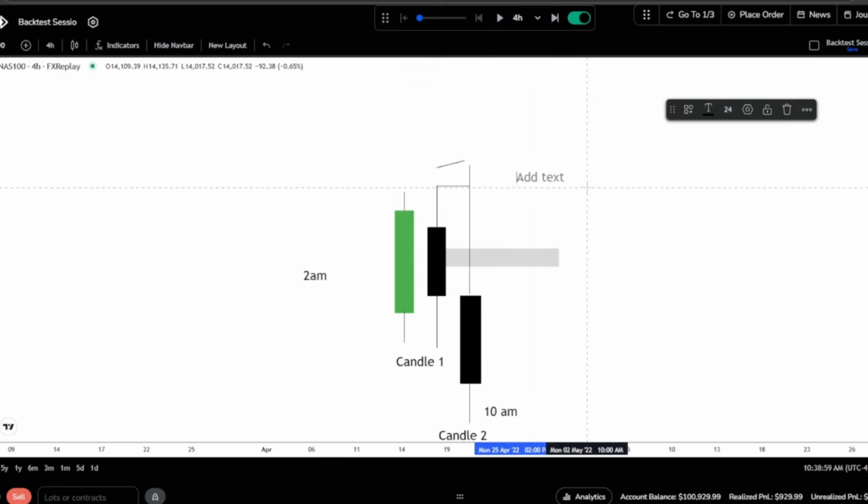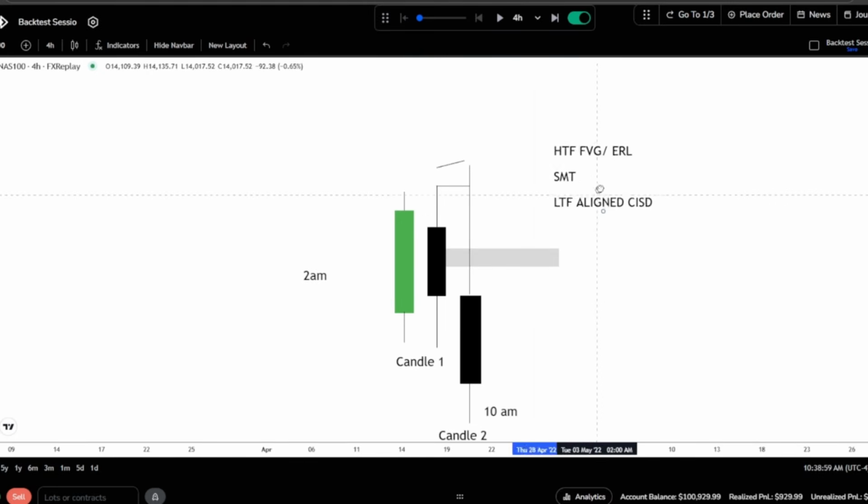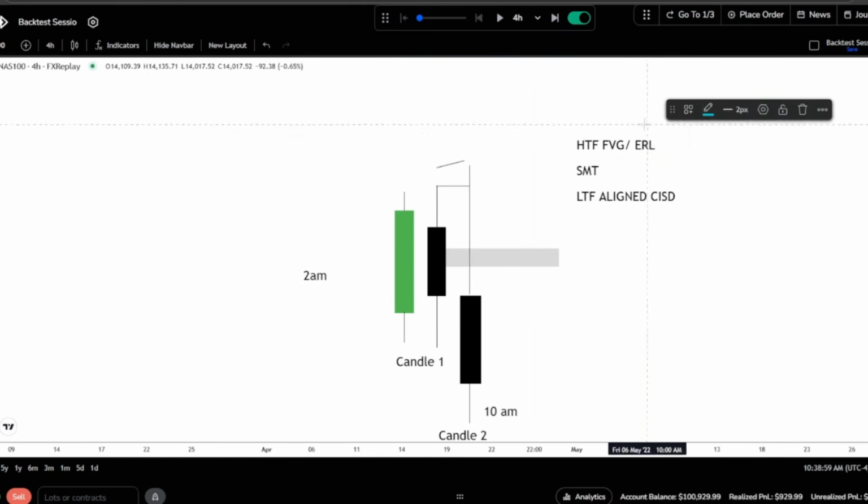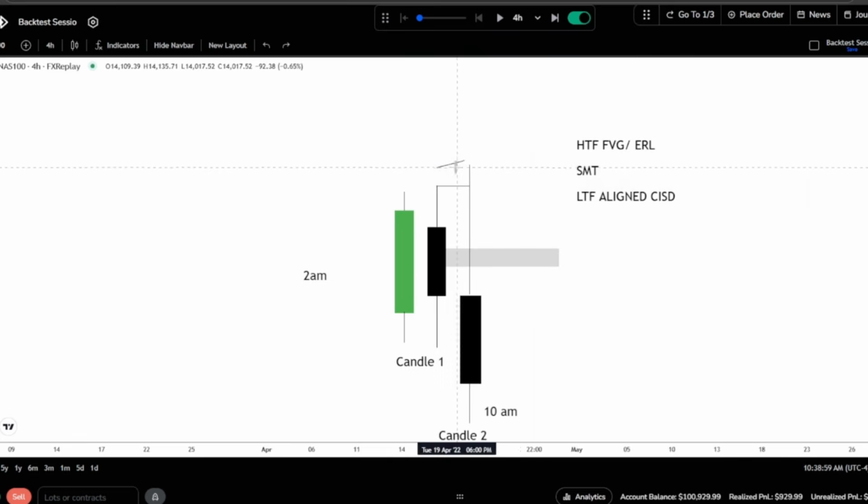I always need to see a higher time frame for value gap or ERL, right? I always need to see that. I need to see an SMT, right? And then I need to see a lower time frame aligned CISD, right? And these 3 things must be seen before you can actually confirm, right, that the candle is actually a manipulation candle, and then we start the distribution phase.